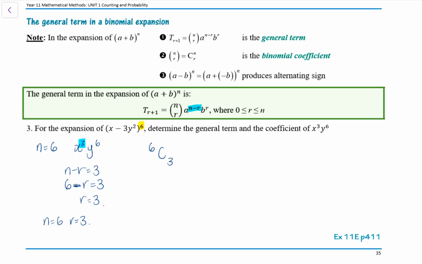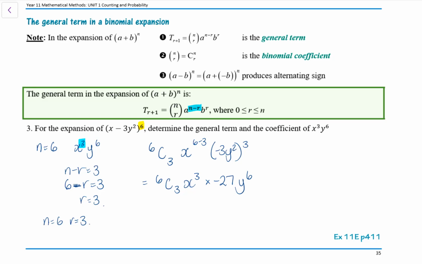and then we're going to have here our x, so x to the n minus r, 6 minus 3, and then our y term is the negative 3y squared, and that's all going to be to the power of 3. Okay, so now we've got 6c3 x cubed, negative 3 cubed is going to be negative 27, y, 2 times 3 is 6.